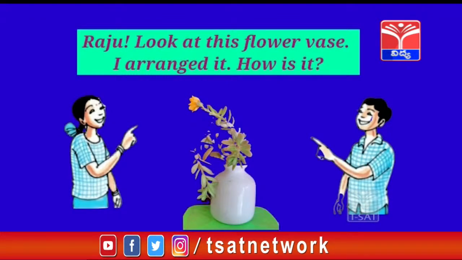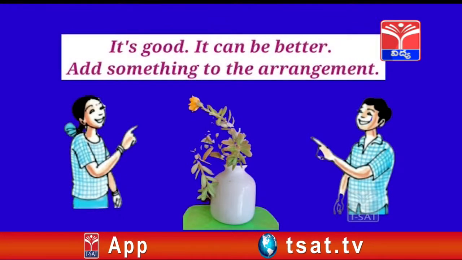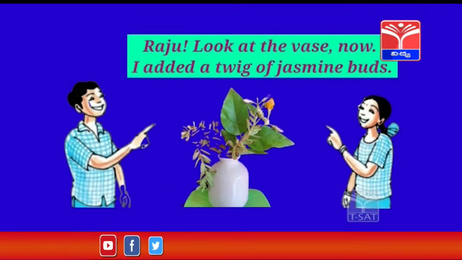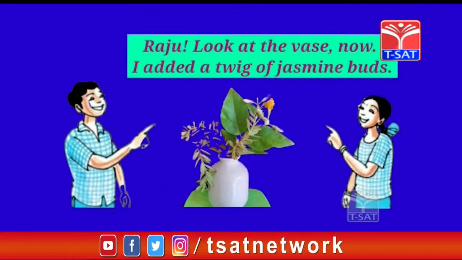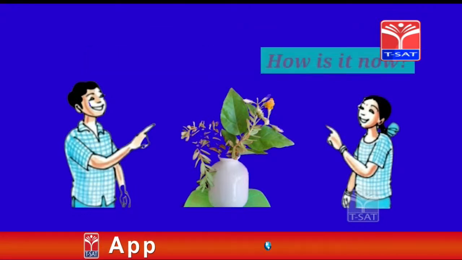Raju, look at this flower vase. I arranged it. How is it? It's good. It can be better. Add something to the arrangement. Raju, look at the vase now. I added a twig of jasmine buds. Nice.